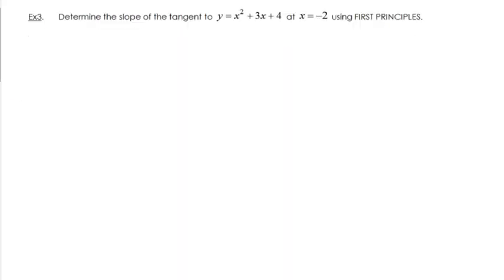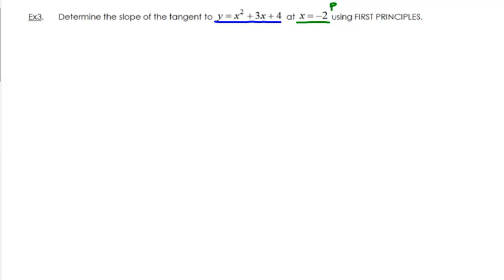So let's see it in play. Example number 3. We have a formula, we have an x value, but we're going to use first principles. So on the side, I'm just going to make sure that I have my P. So this is our P value, yeah? And then we also have our formula, and we're trying to find the slope of the tangent.